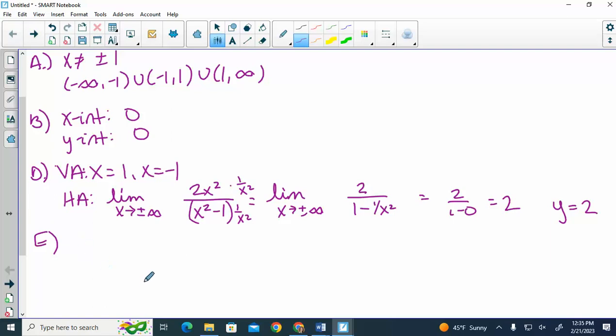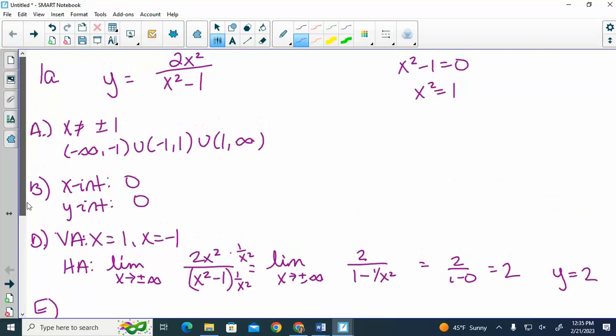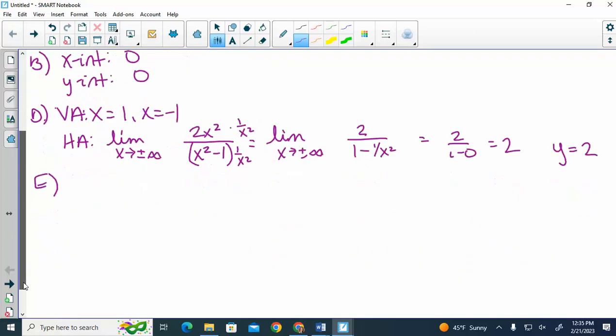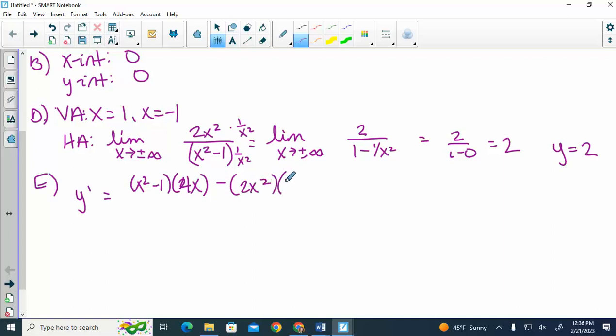E, increasing, decreasing. So how do we find increasing and decreasing? What do we have to do? Yep, we need the sign line for the derivative. So it's a fraction, so you have to do quotient rule. Low d high minus high d low over low squared.